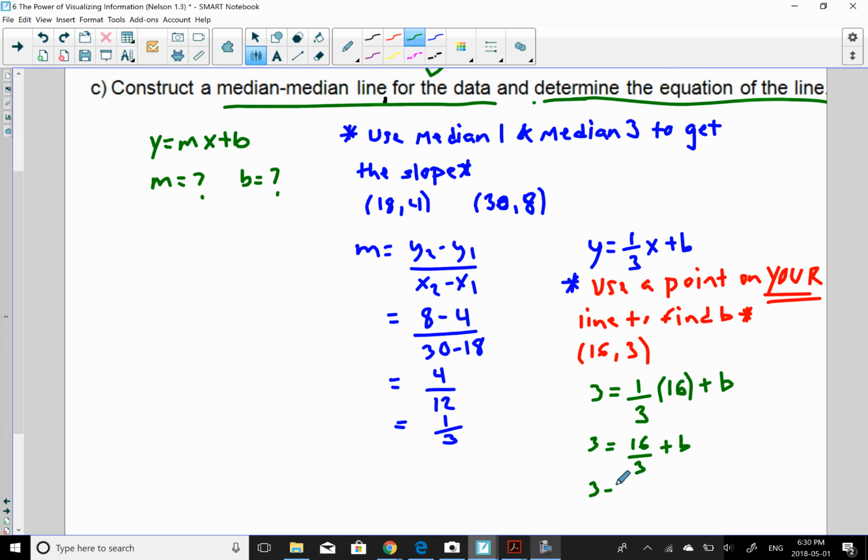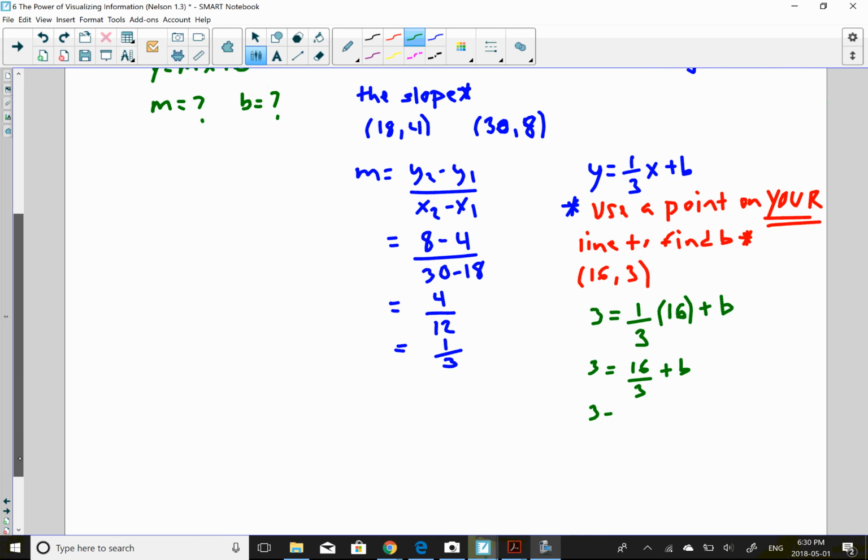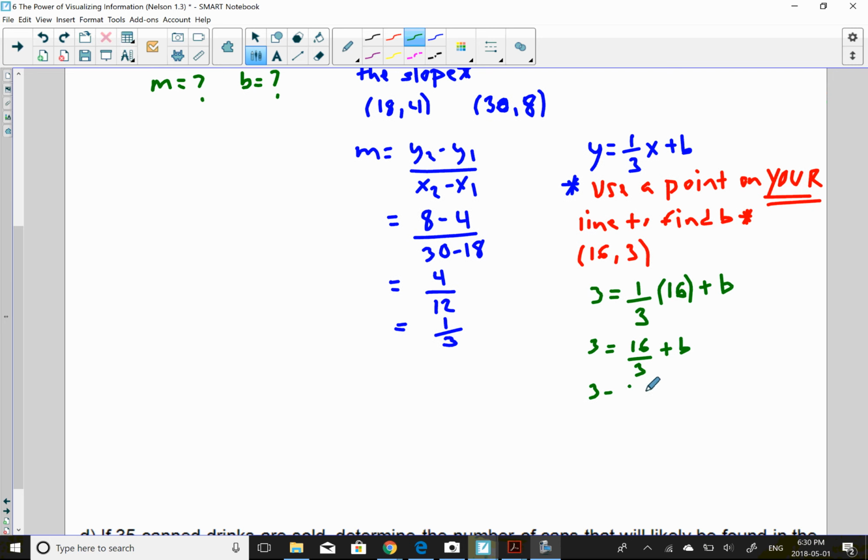Fortunately, this one's going to end up with a fraction, which is not a problem. So I'm just solving for b right now. These two common fraction, denominator. So 3 times 3.